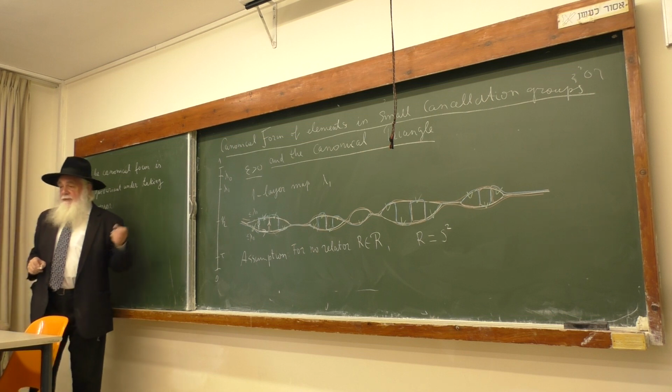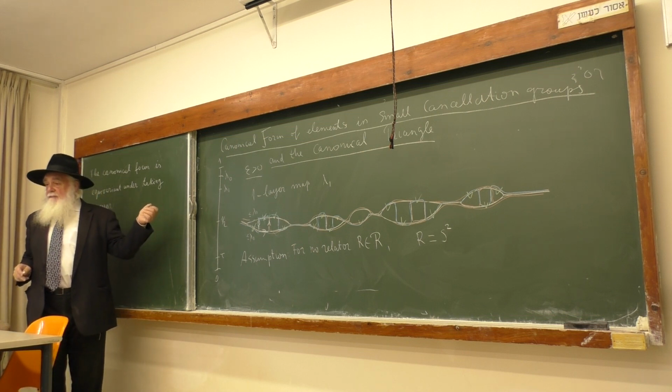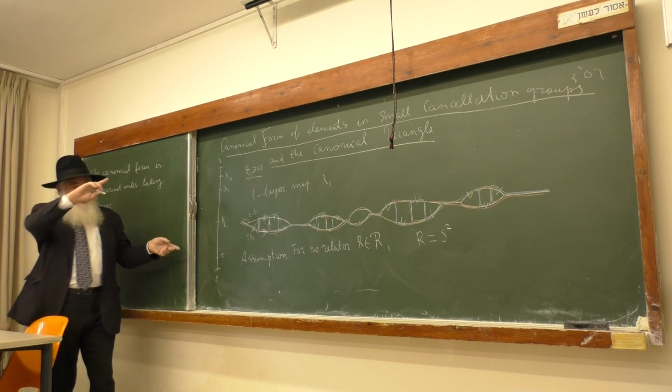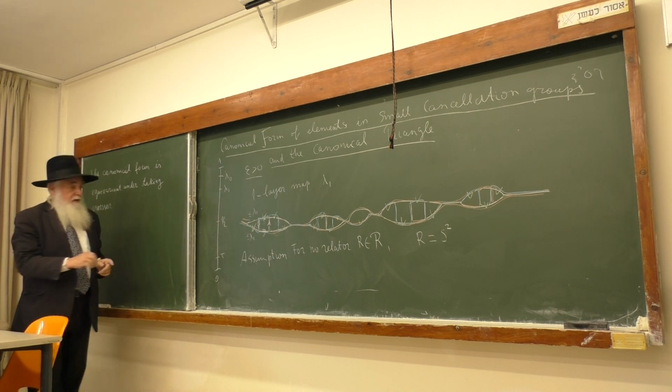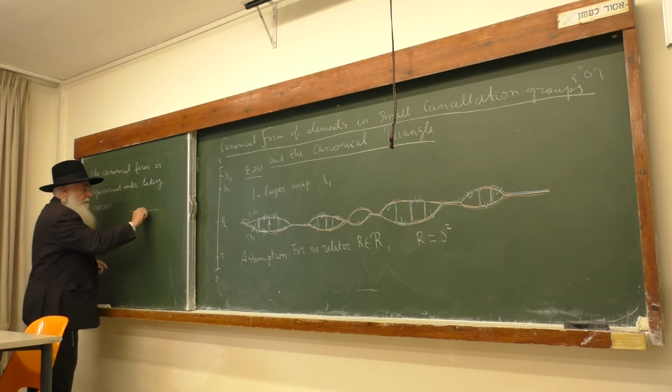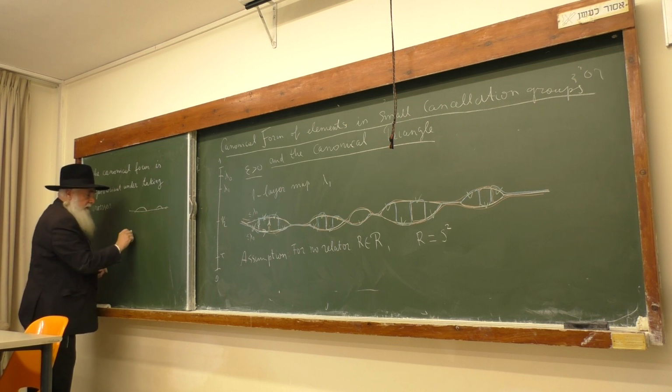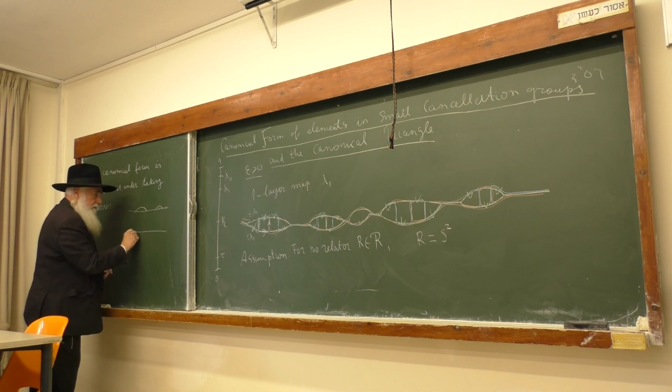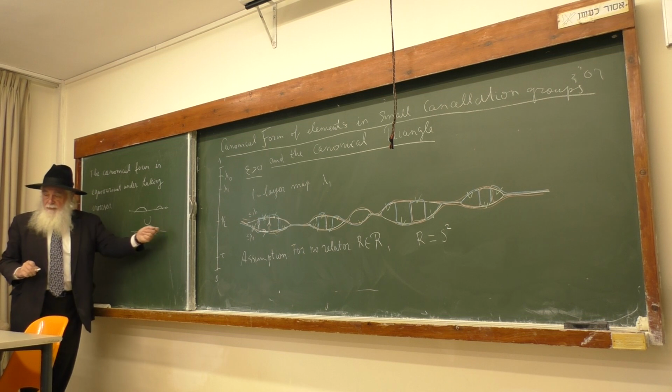This is clear from the definition, because for the inverse word, we just invert the one layer map. Here we have this and this, just inverted. So this will be for that word.